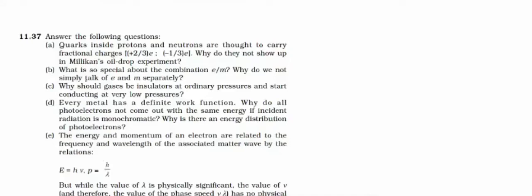Then part B. So that's about part A. Part B. What is so special about e by m? Why do we not simply talk about e and m separately? So what is the importance of e by m? For a logical explanation, we can take various equations you have studied. You have studied eV is equal to half mv square, the kinetic energy formula.